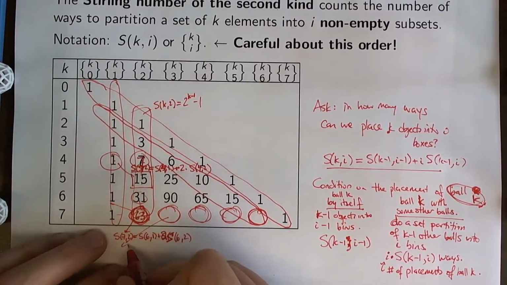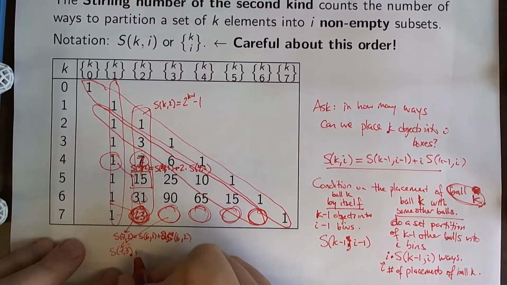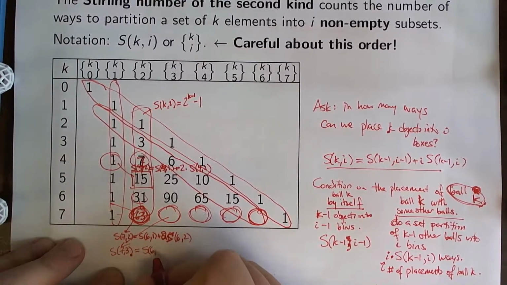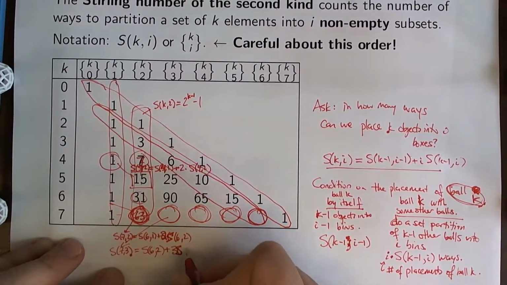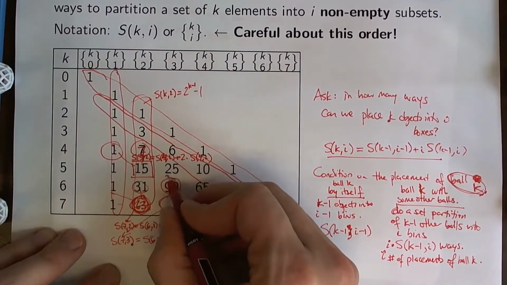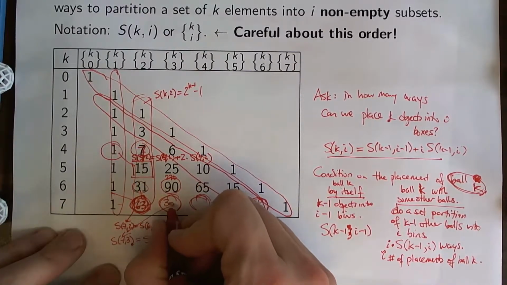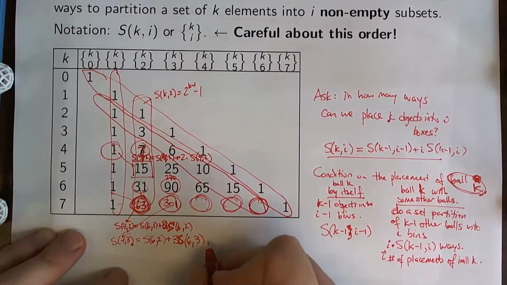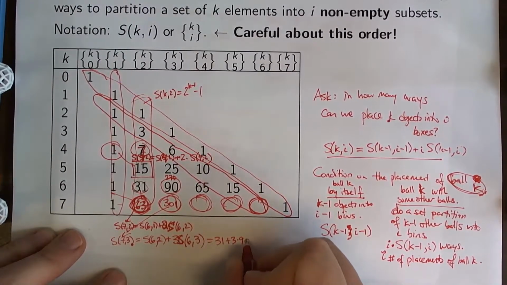This one right here, S sub 7,3 is equal to S sub 6,2 plus 3 times S sub 6,3. So we take 3 times 90 is 270, plus 31 is 301.